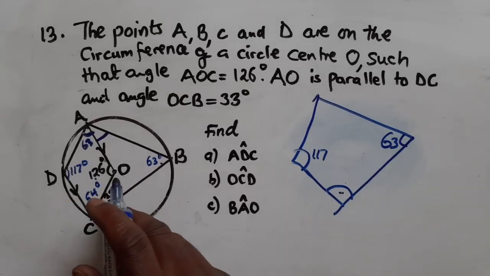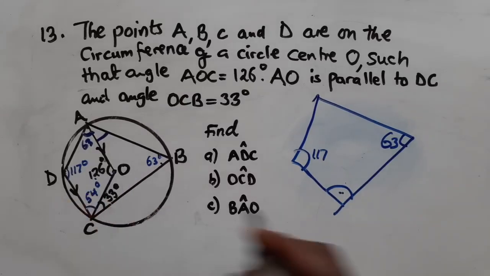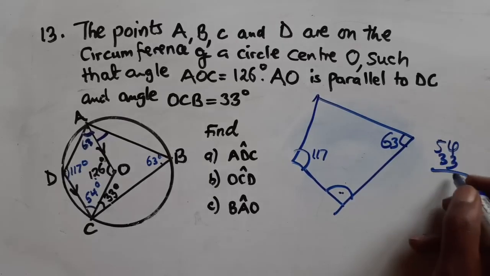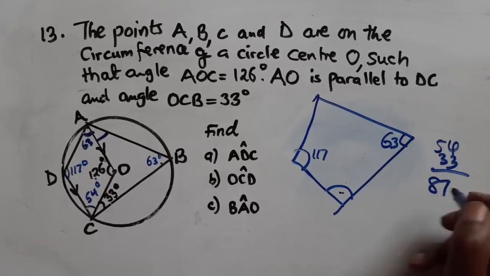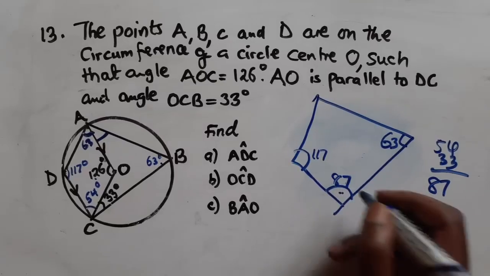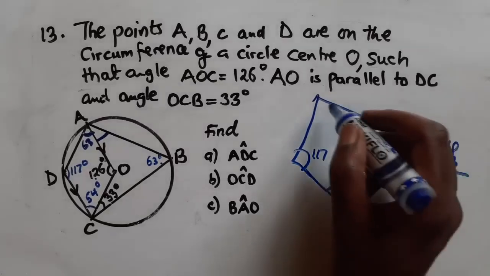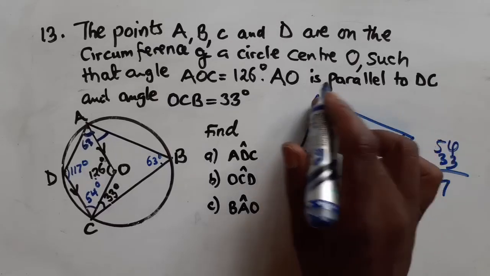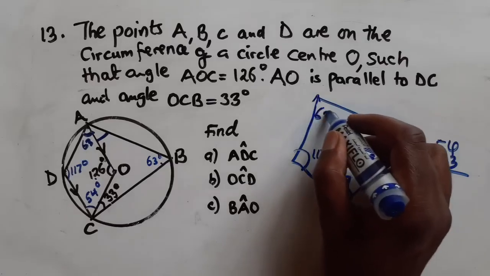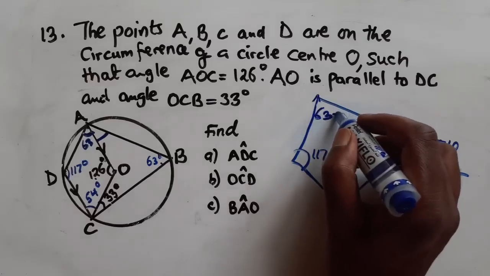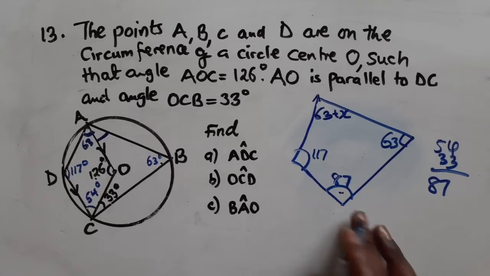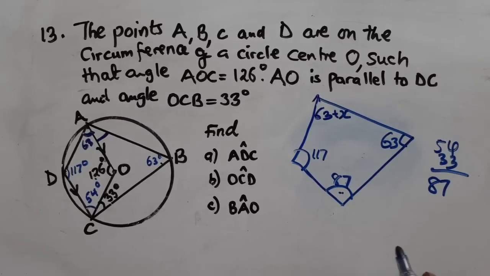We add 54 and 33. What do we get? This is going to give us 87. So this is 87. What about this angle here? We already have 63. What about this other part here, which we don't know? So we can call it X.